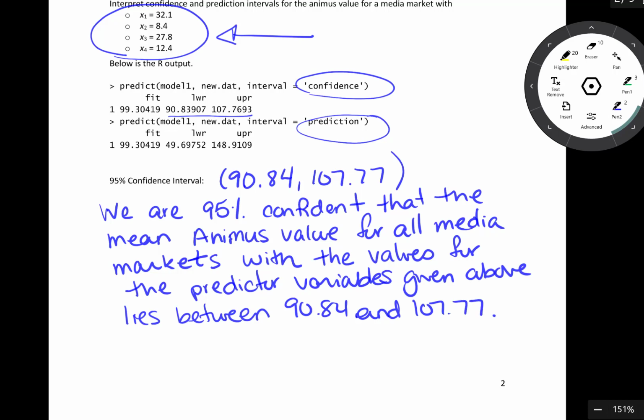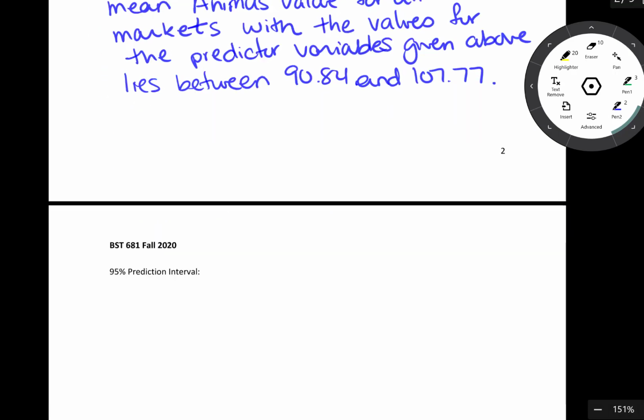So again, since this is a confidence interval, we are estimating the mean for all media markets. On the other hand, we're going to look at the prediction interval next. For a prediction interval, we're looking at a single media market that has these values.